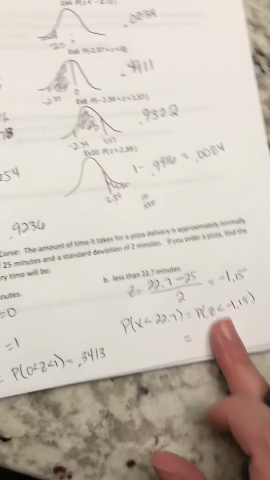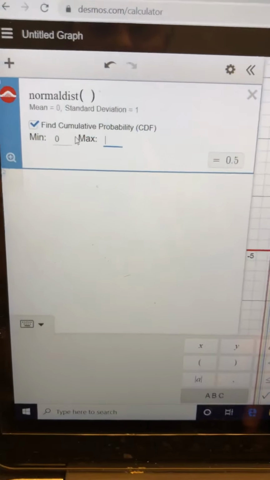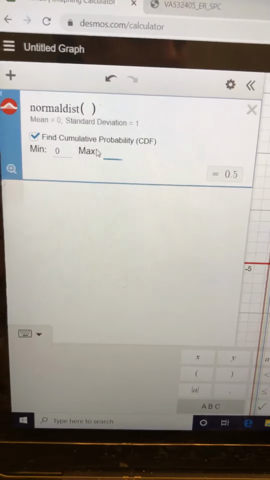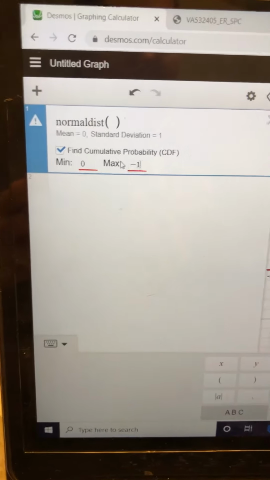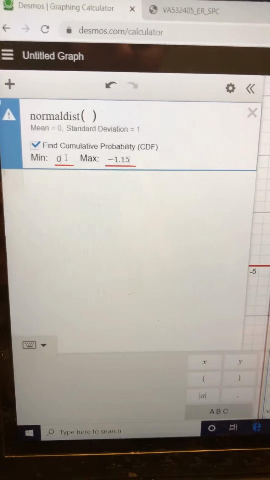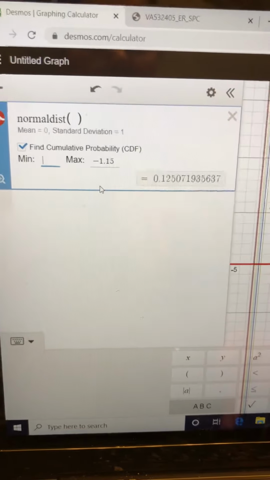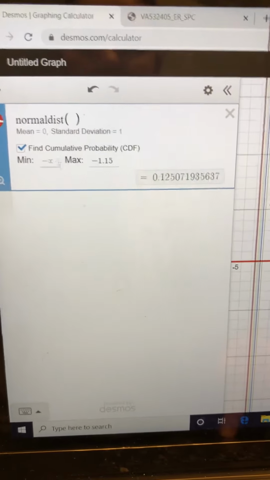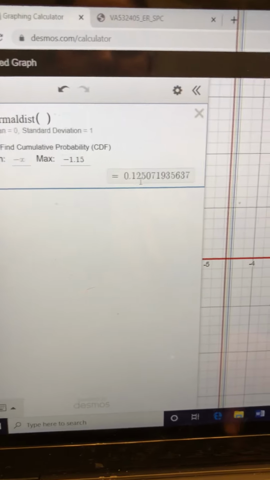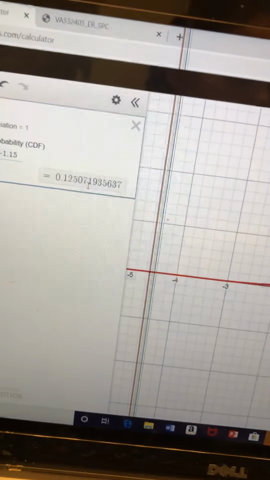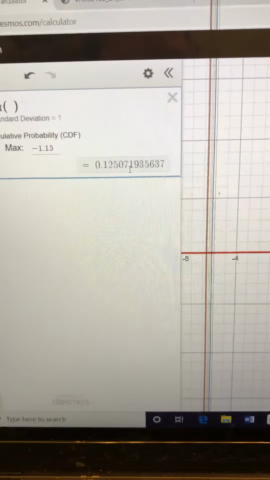You could use the chart, or you could do Desmos. So if I type in my max now, because I'm doing to the left, negative 1.15, it does that automatically. So 0.1251 is the probability that it'll be less than 22.7 minutes.